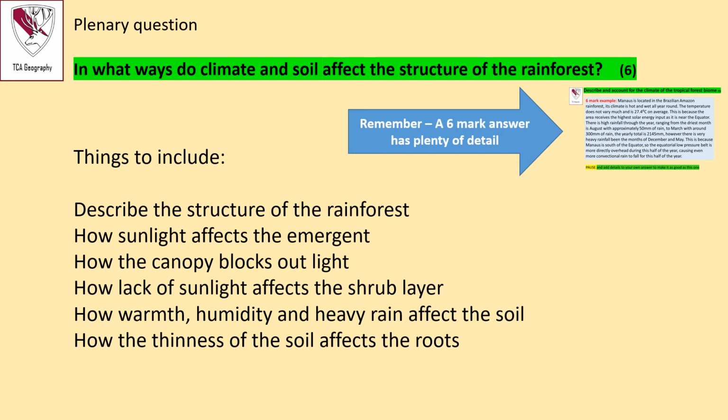It was a lot bigger and a lot more detailed than I think you were expecting. The things that you need to include in your answer are listed here, and this should take you at least 10 minutes, probably more like 15 minutes to do this answer justice.